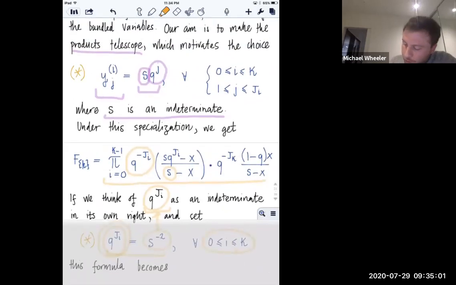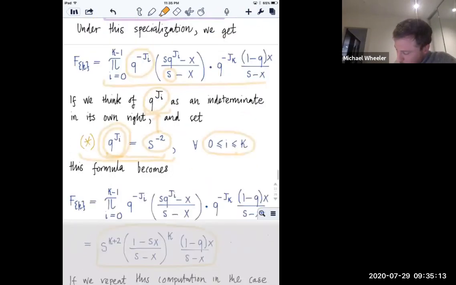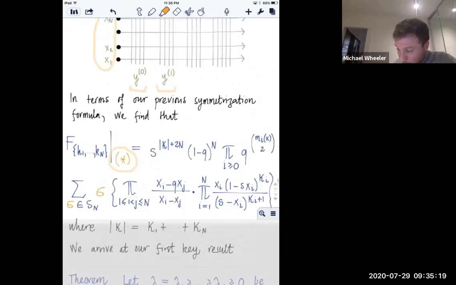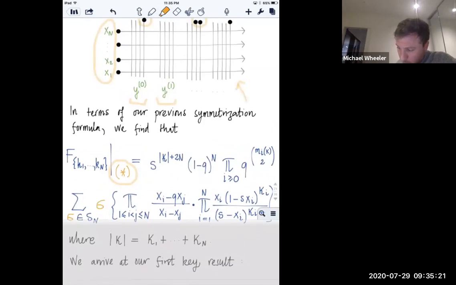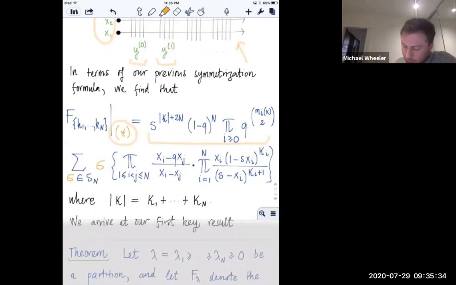The first step is to do these geometric progressions for the y variables, and the second step is to do this replacement of the q to the j's. So if I do this star specialization now to the 6-vertex model wave functions that have been bundled up in this way, what you end up getting is this formula here. Okay, so I have some junk at the front, which I don't care too much about, but the important part of the formula is really what's written here.